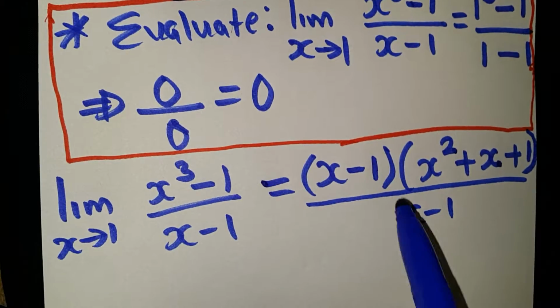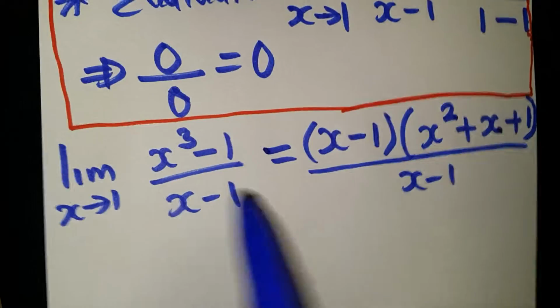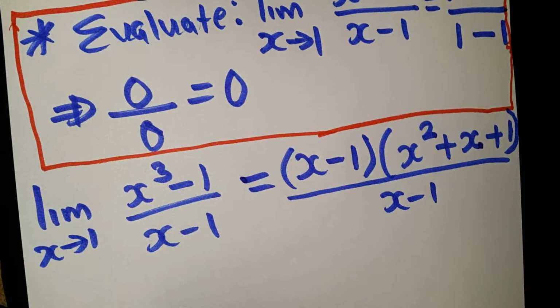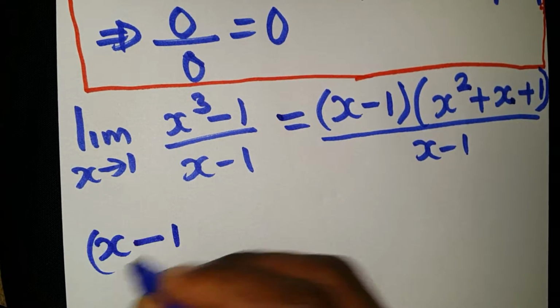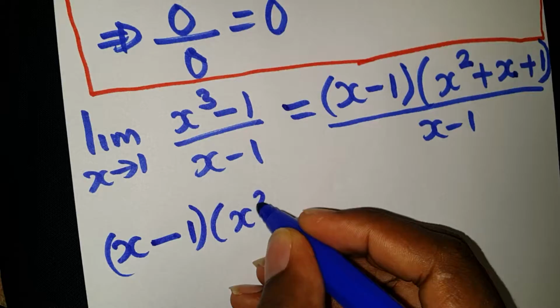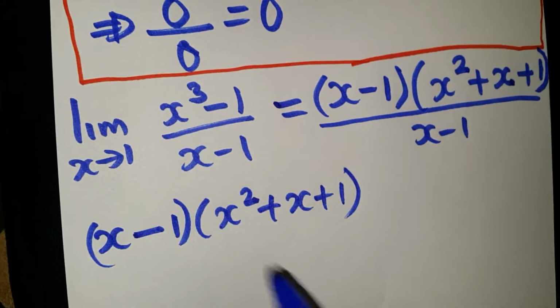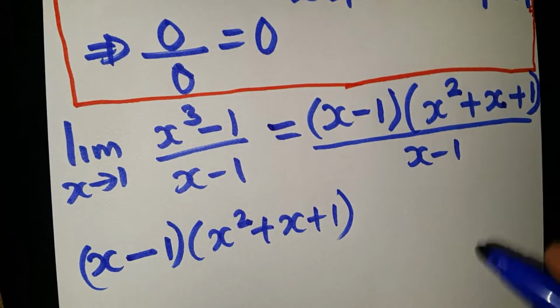So let's now check if this one will still be equal to this one that we just expanded. Let's write our function here down: x minus 1 times x squared plus x plus 1. Now let's check if our answer will still be x cubed minus 1.